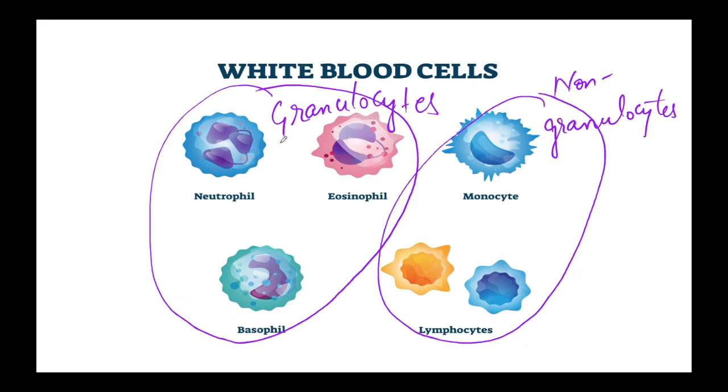In granulocytes, granulo means granules, the presence of granules in the cells. Granules are the coarse substances present in the cell, and non-granulocytes means granules, or the coarse structures, are not present inside the cell. The detail of all these types of white blood cells is not given in your syllabus, so we are moving ahead.